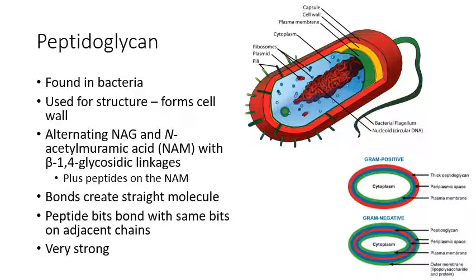And then instead of the chains being attached with hydrogen bonds the way that they are in cellulose or in chitin, in peptidoglycan those little bits of peptide hanging off each NAM sugar attach to each other. Those are going to be attached using actual covalent bonds, which makes peptidoglycan extremely strong.